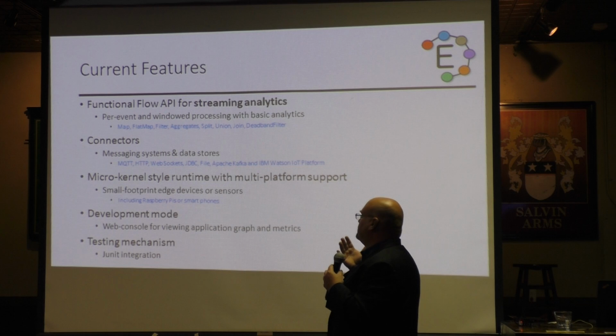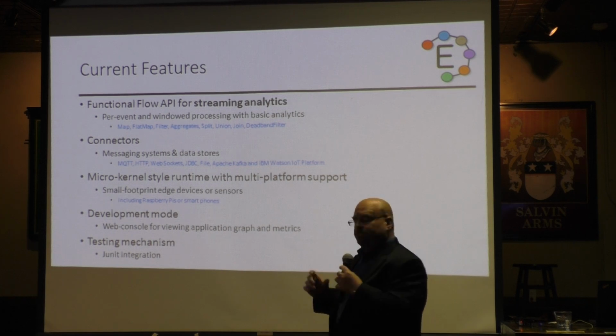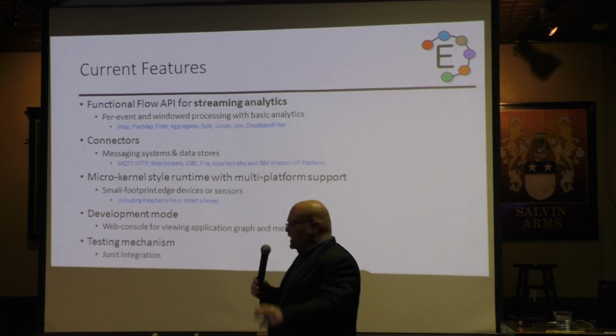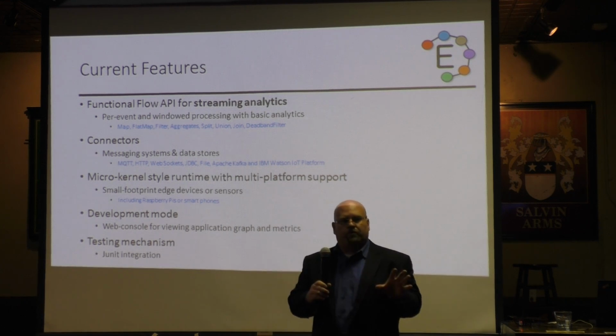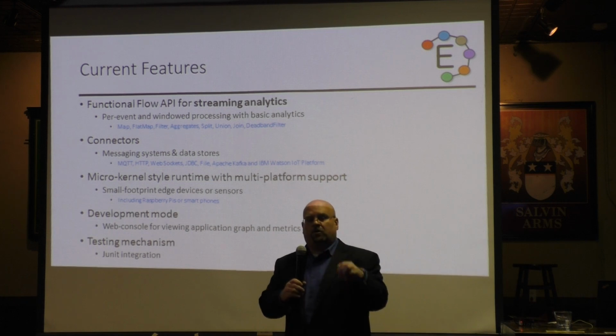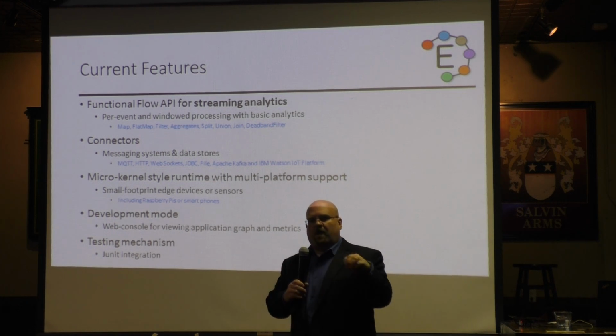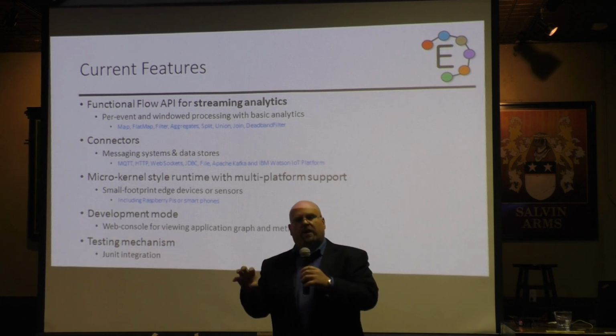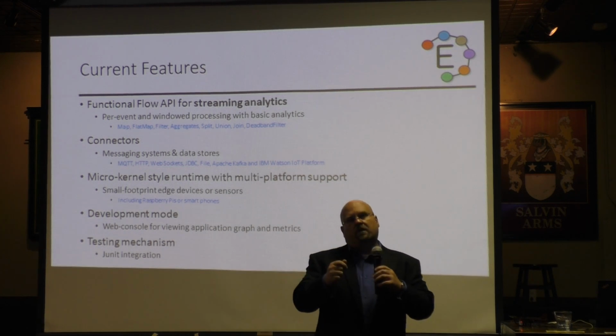Microkernel structure, as I mentioned, very lightweight. We have a development console that you can use to see the data flowing. Once you've developed your topology application, you can see the data flowing, which is, I think, interesting.